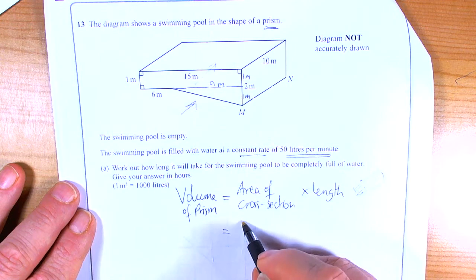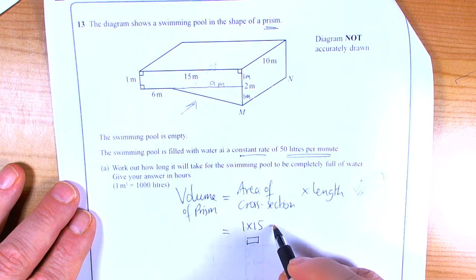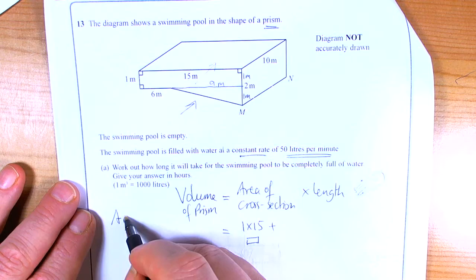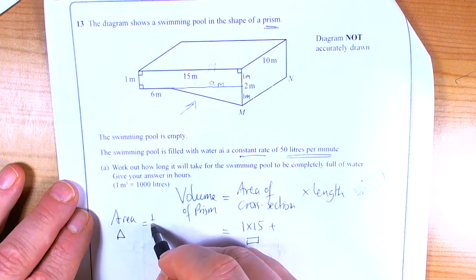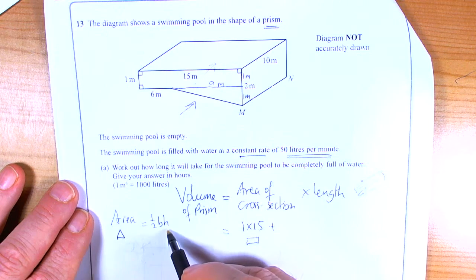So the area of cross section then is going to be the 1 times 15 because of the rectangle bit, plus the area of a triangle. So remind ourselves what the formula is for the area of a triangle. It's a half the base length times the vertical height, the perpendicular height.